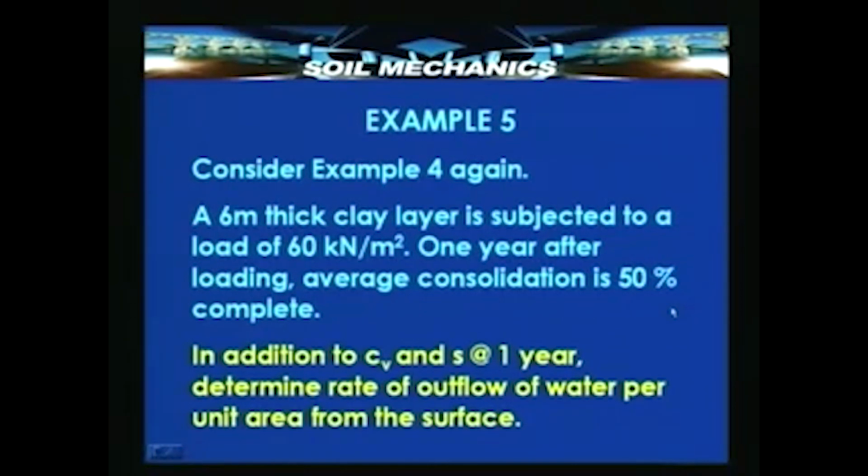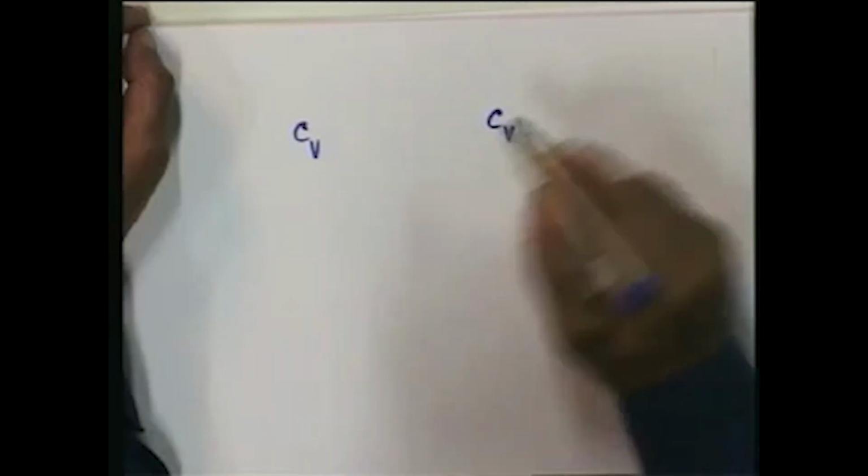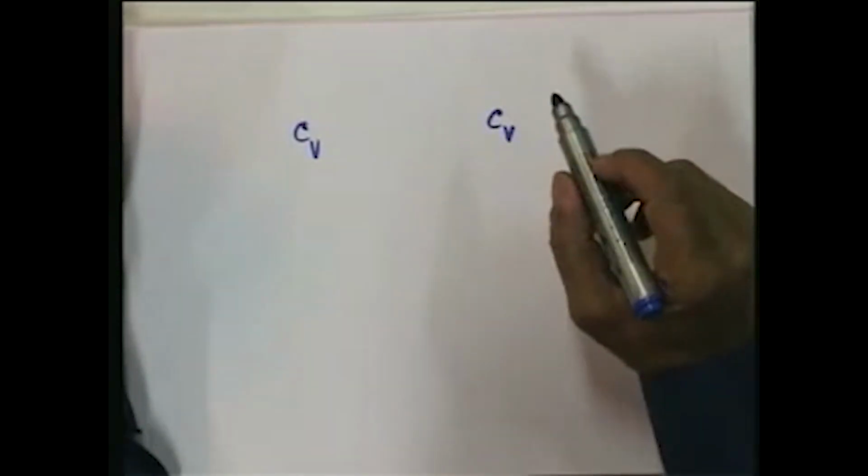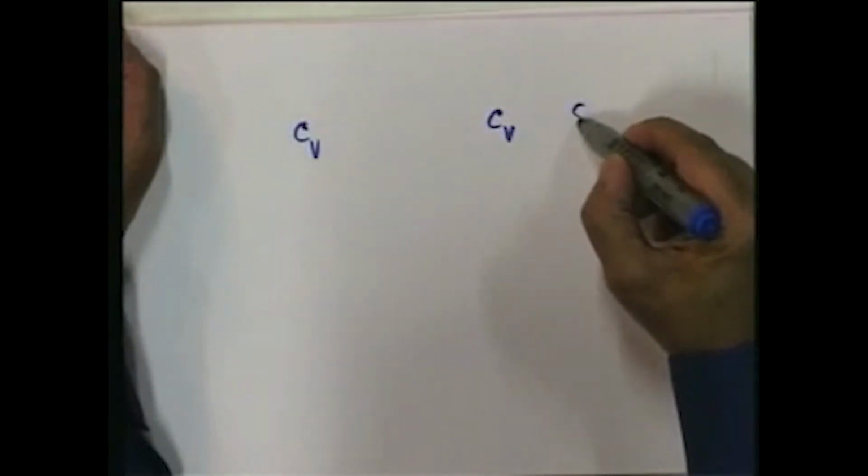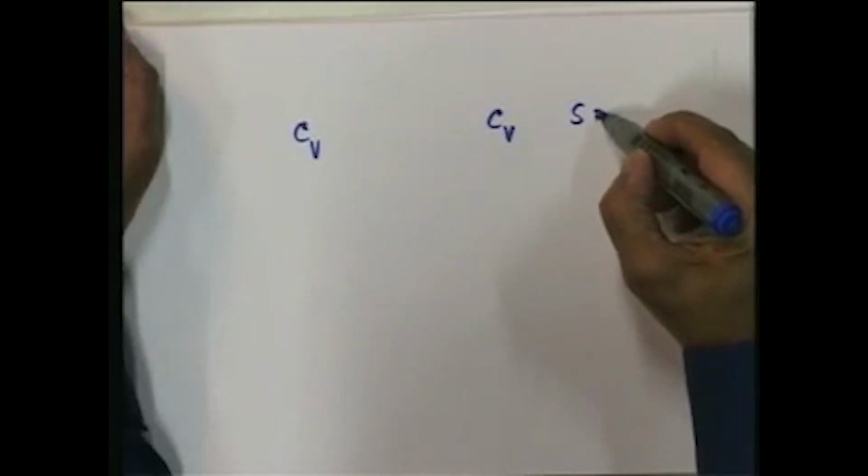So, in this problem, when we saw this earlier in the previous lecture, based on the same data, we computed CV and we also computed the settlement at the end of 1 year.